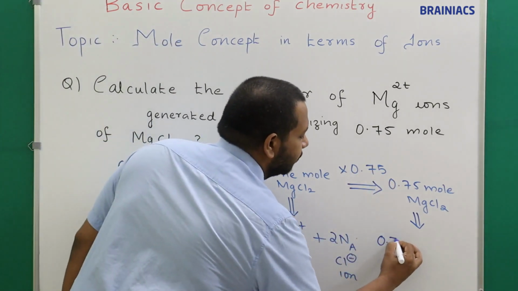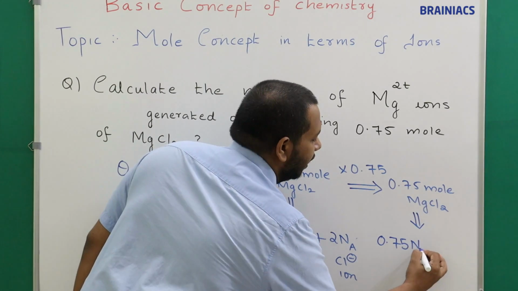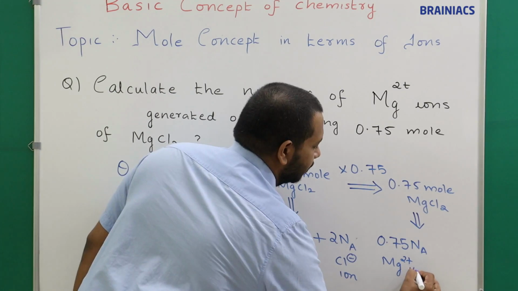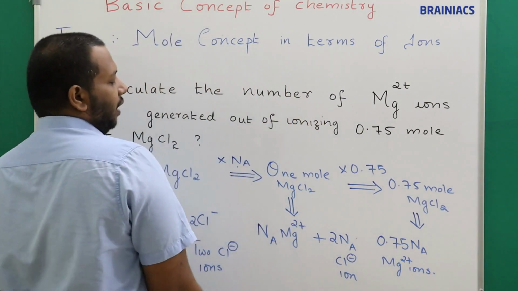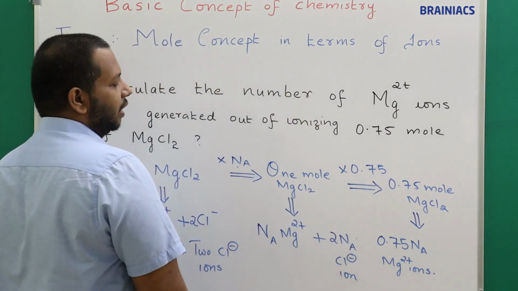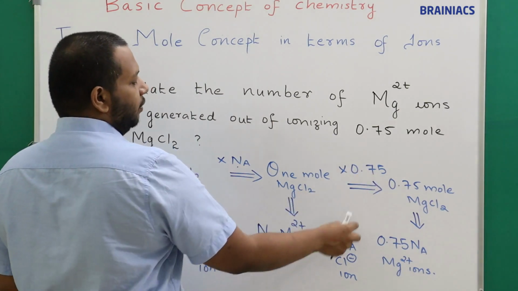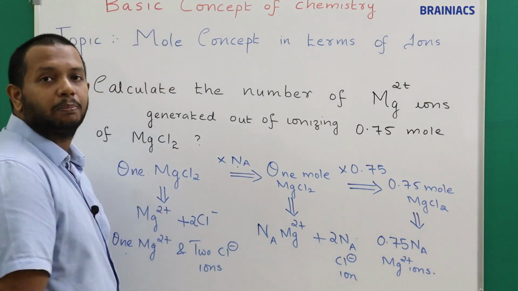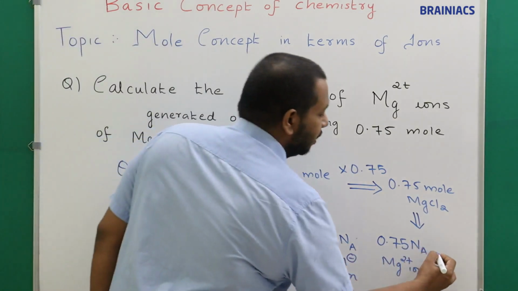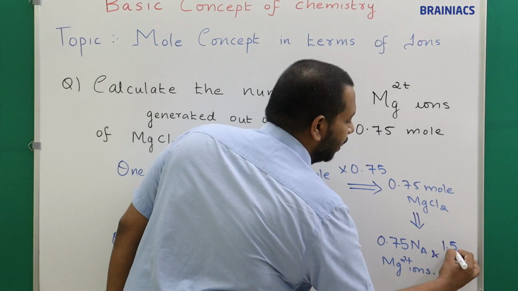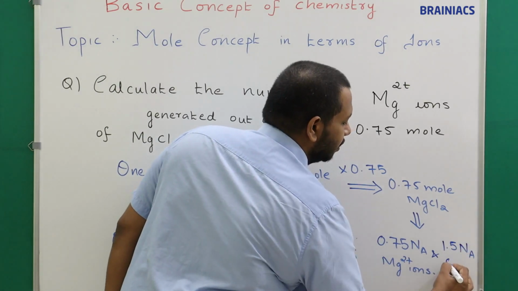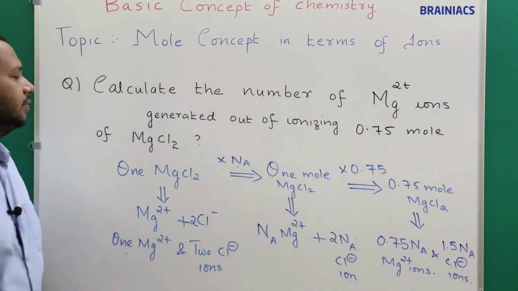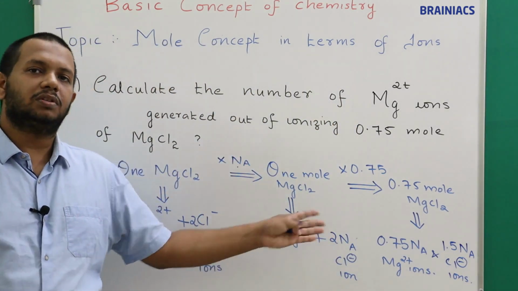So 0.75 NA Mg2+ ions. I got the answer. And how much amount of chlorine ions you will get? 0.75 into 2 NA. So that is 0.75 into 2 is how much? 1.5. So I can say 1.5 NA Cl- ions. Easiest and fundamental way of doing this question.